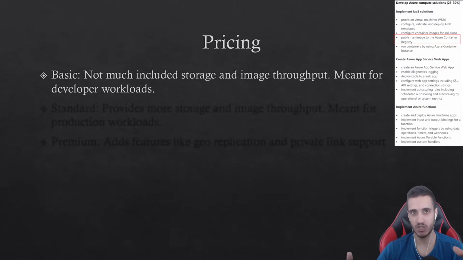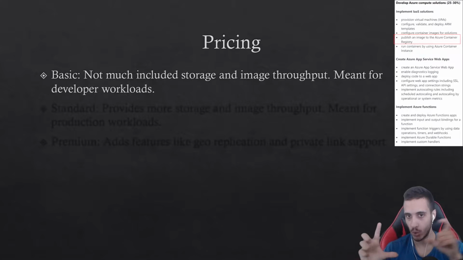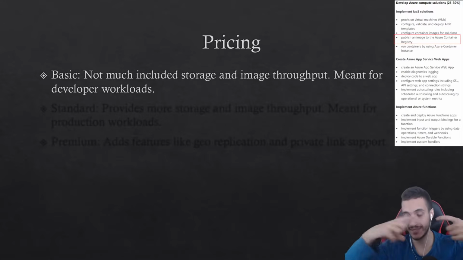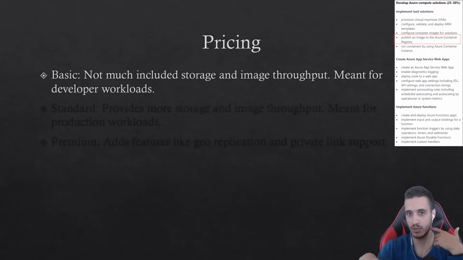What I mean by image throughput is, again, when you start dealing with things like Kubernetes, container instances, in order to create instances out of the images stored in that centralized repository, there's a certain image throughput, because sometimes it takes time to transfer that image and create an instance out of it. So that's known as the image throughput. In this case, you don't have much of it on the basic tier. Again, this is just meant for developer workloads, not for production.